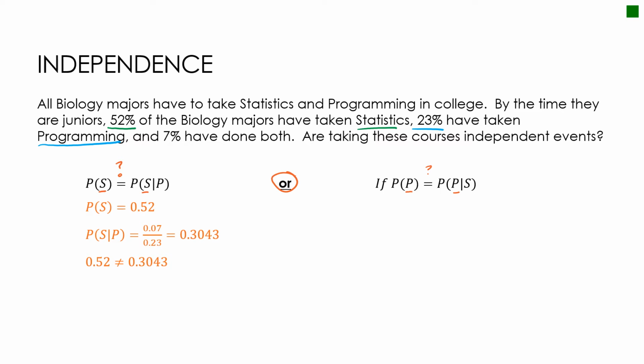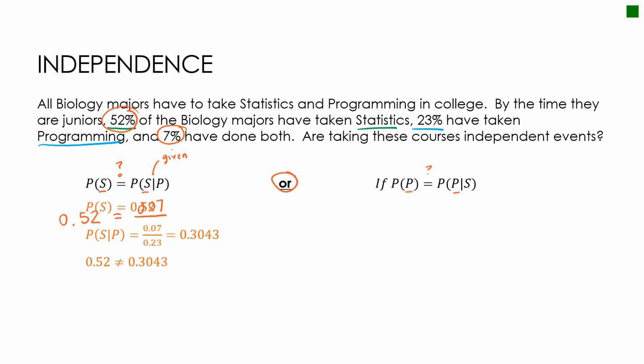So on the left side, the probability of statistics is 0.52 because they told me that. On the right side, this is a conditional probability. Remember, this is given. So now the numerator would have to be people who have taken statistics and programming, given to me, 0.07.